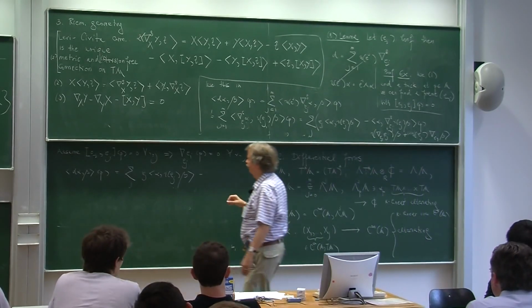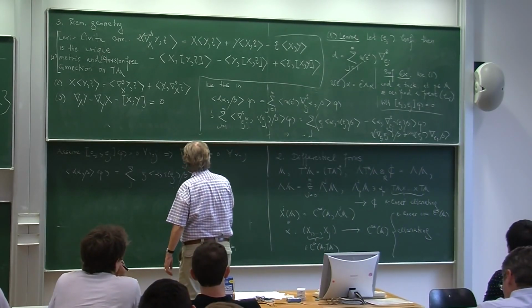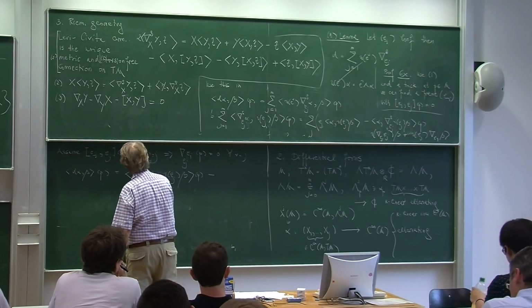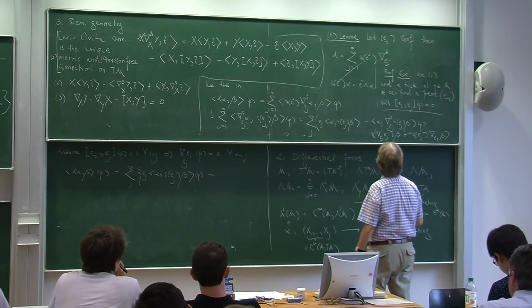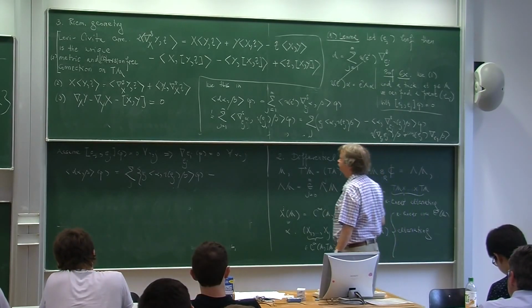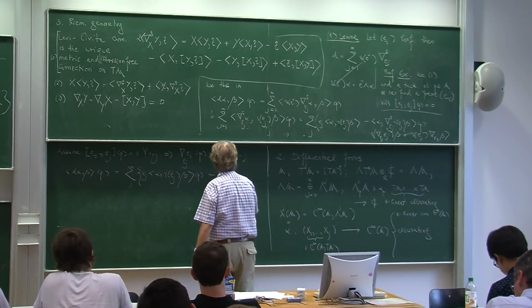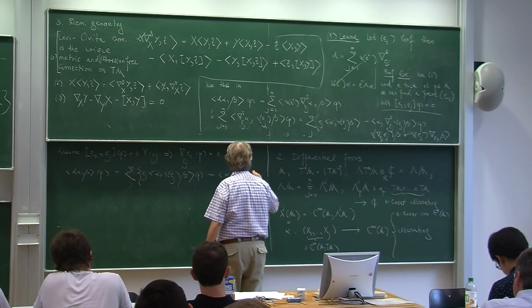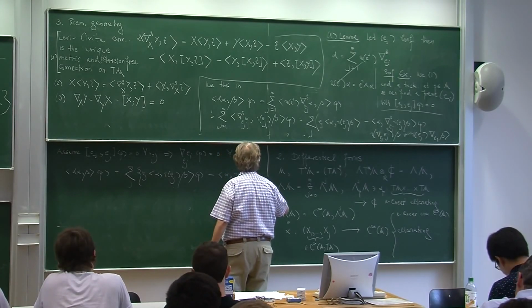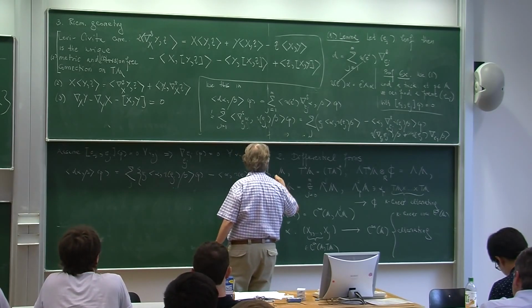Because everything is at the point P minus this is 0, so what we have here is alpha Iej nabla Ej beta at the point P.